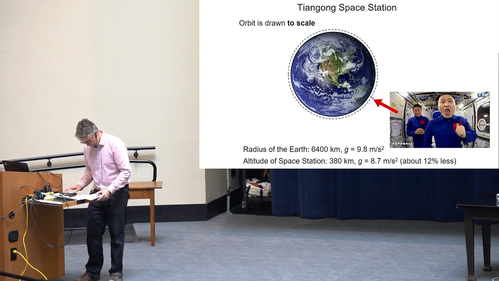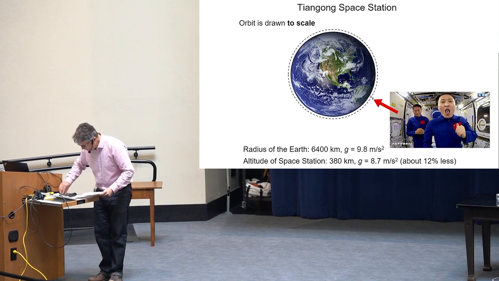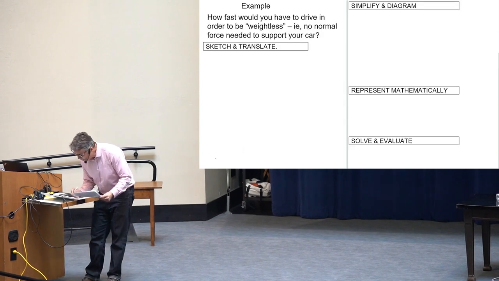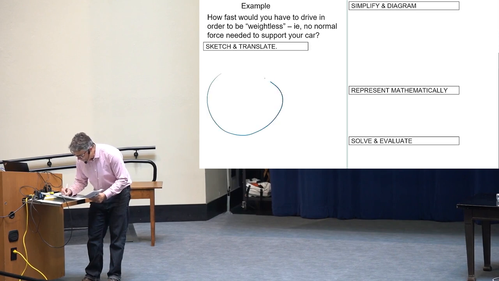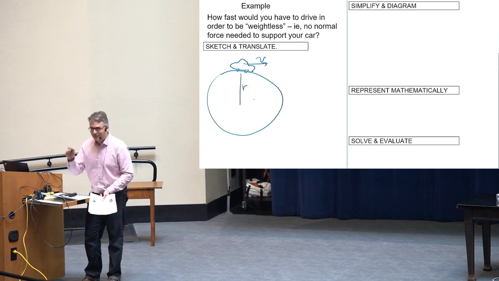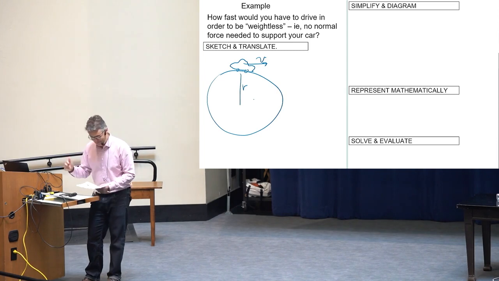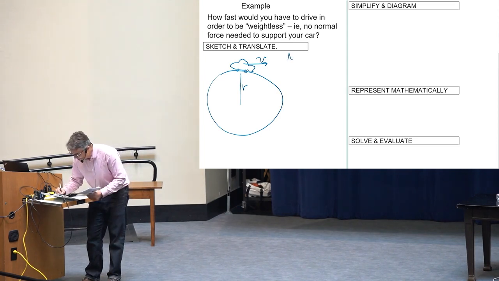What time is it? We can do an example of this car thing. How fast would you have to drive in order to be weightless? So I've always wondered this. If I'm driving in a car at some v, and here's some radius, when would the wheels of my car just lift off the ground? So what I'm going to do, first step, is neglect air resistance.